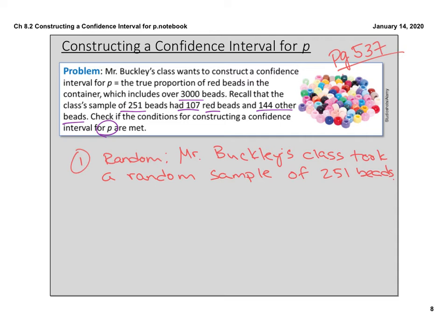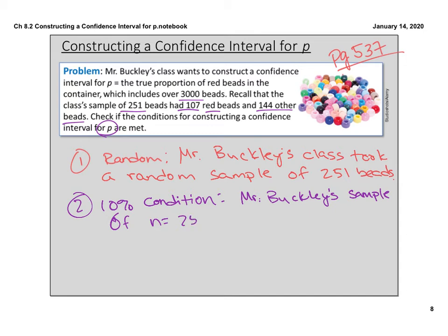Second condition is the 10% condition. Let's talk about that one. Now, it really doesn't matter what order you list these in. They just all three have to be stated. So for the 10% condition, I would say that Mr. Buckley's sample of n equaling 251 is less than 10% of N being 3,000.